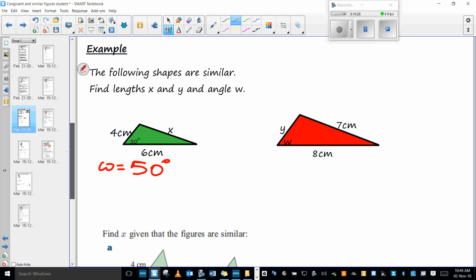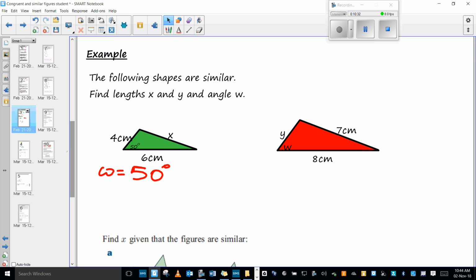If we then are trying to find length x, always start with the length you're trying to find. So I would have length x. What would I divide length x by? 7. And that would be equal to what? In order to calculate these things, we need two corresponding lengths that are marked. 6 over 8. Good, 6 over 8.